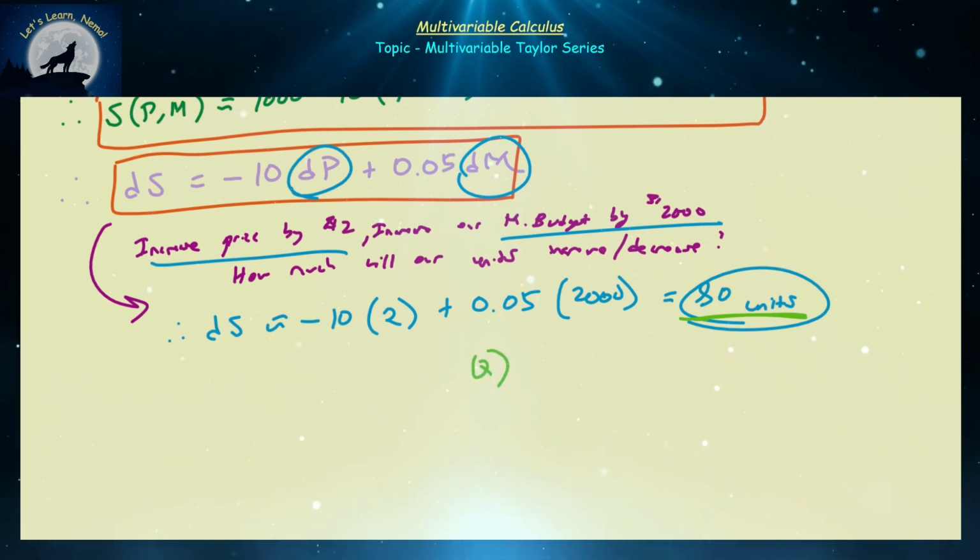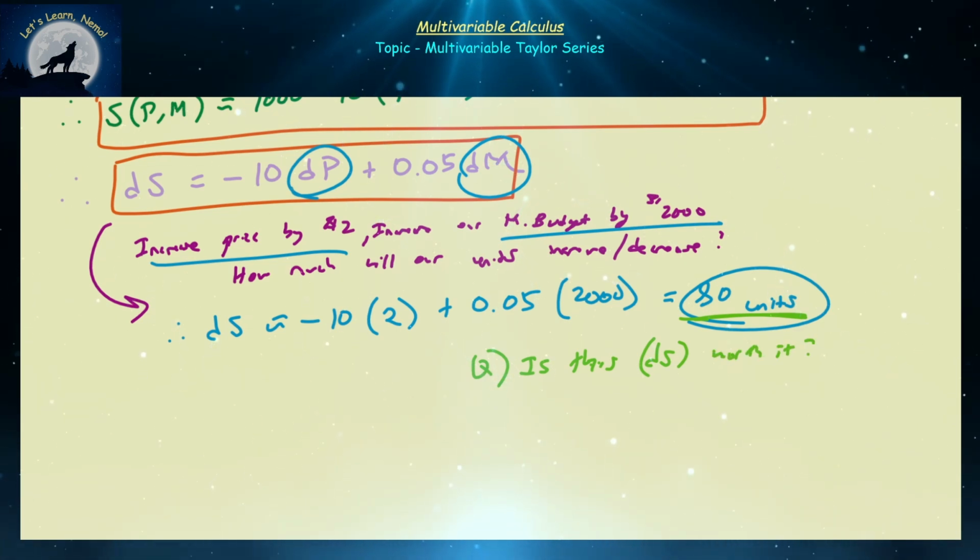So our question on the business side is, is this change in the number of sales worth it? Because we're spending $2,000, we're losing money potentially, and we're also losing customers since we're increasing price. So is an increase of 80 units really worth it? That's for the business to decide. But that's one of the many applications that you can actually use multivariable Taylor series for.